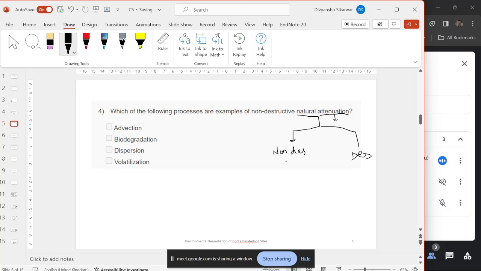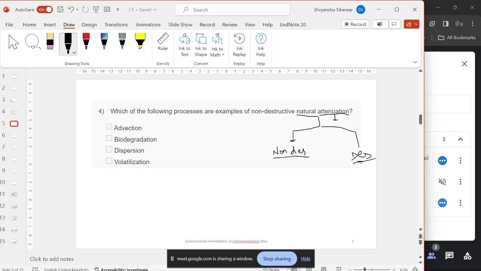So what do you think this non-destructive and destructive means? That is without affecting that, without destroying that core, we are obtaining the properties.